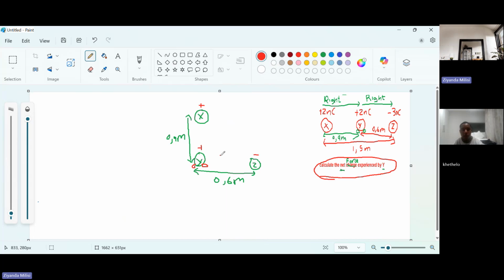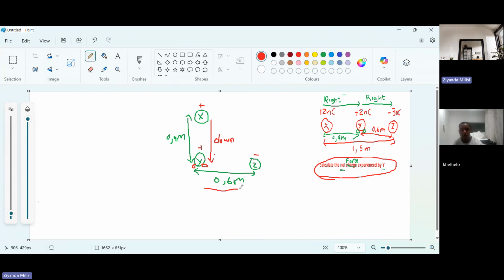Tell me, what will X do to Y? It will repel it downwards. Now direction is no longer to the right, it is downwards. Yes, it will push it away from itself. Then Z, what is Z? Z is still to the right.